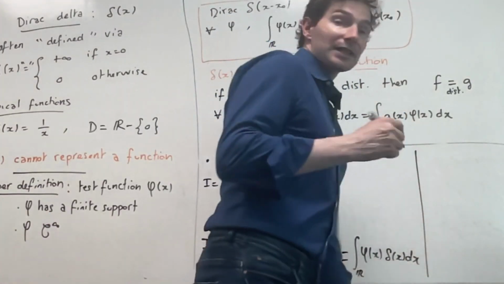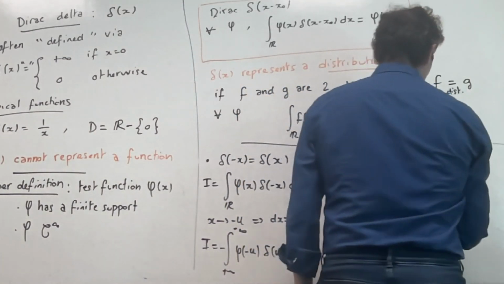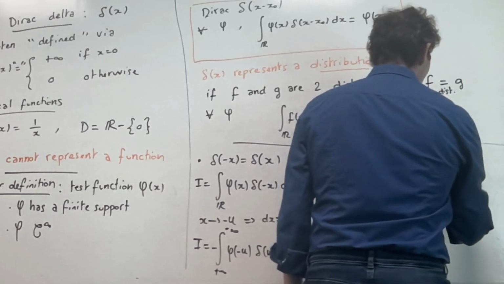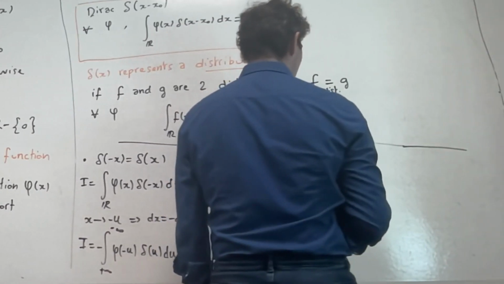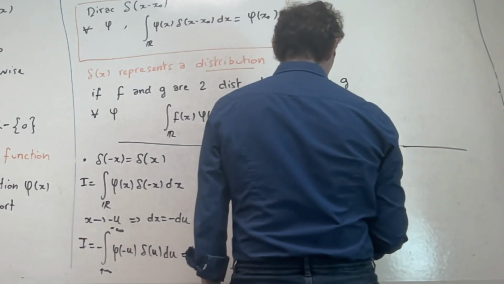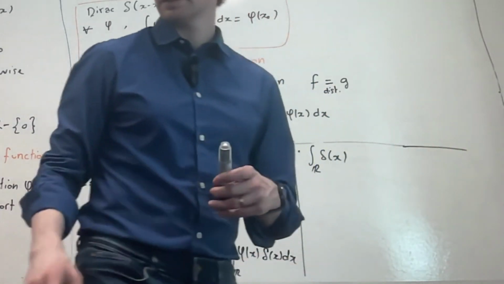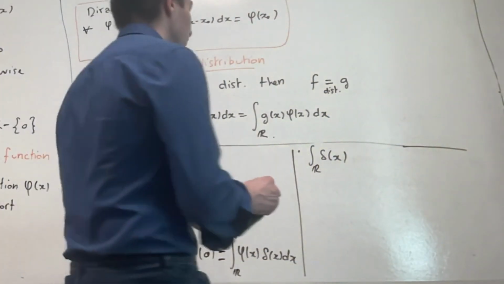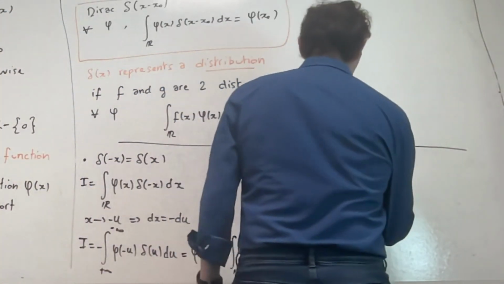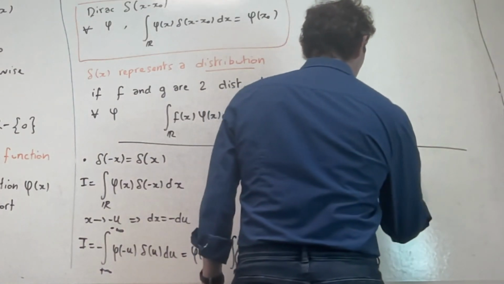Okay, so the second property we are going to show is this one, that the integral over R of delta of x, in fact that can be over x minus x naught, this does not necessarily matter, x minus x naught dx is equal to 1.